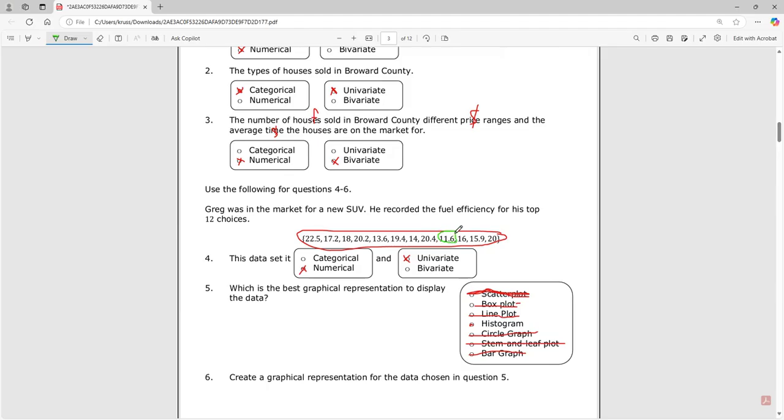And then the highest is like 20. It says 22. Anything higher than 22. Looks like 22.5 is the highest.